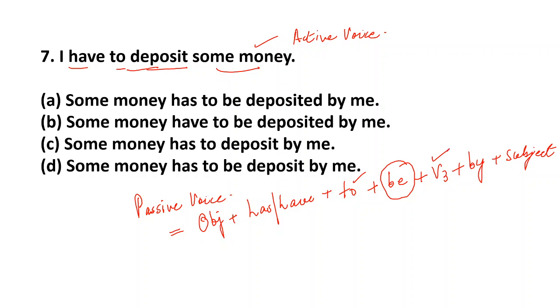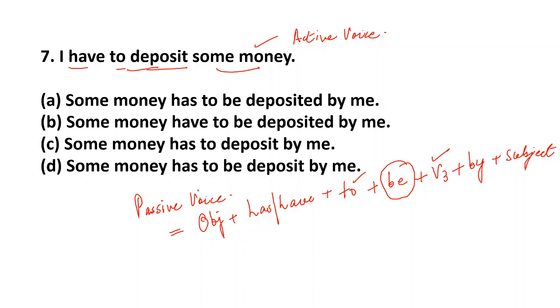So you see which one is correct? Number 7. Some money has to be deposited by me. Some money have to be deposited by me. Some money has to deposit by me. So anything can come here. So next is some money has to be deposited by me.